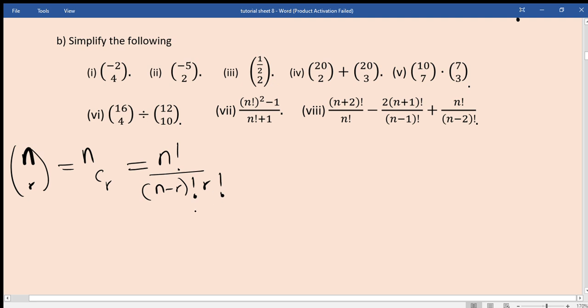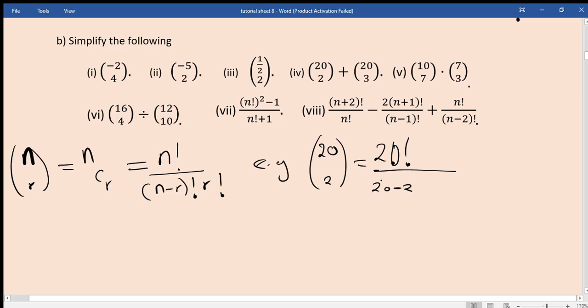So if I was to get a certain value, let's say for example I have 20 combination 2, this is 20 factorial divided by (20 minus 2) factorial times 2 factorial, from the formula. Here n is 20, r is 2.